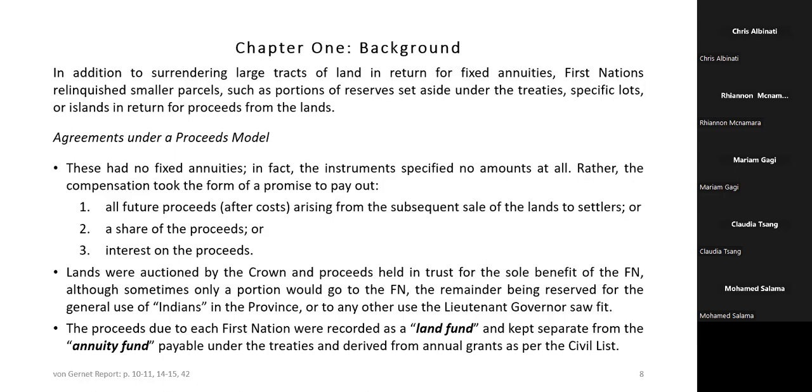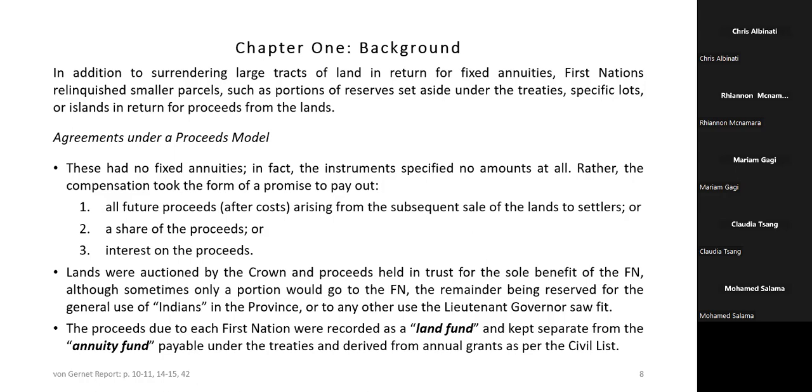The first big distinction between these and the annuity fund type treaties is that they had no fixed annuities. There are no annuities at all. With these new arrangements? Yes. Do we want to call them something? Sales? Well, they are arrangements resulting in land funds as opposed to arrangements resulting in annuity funds.